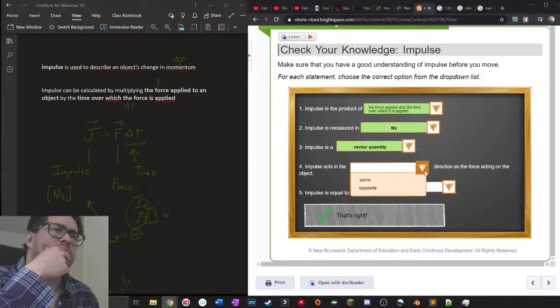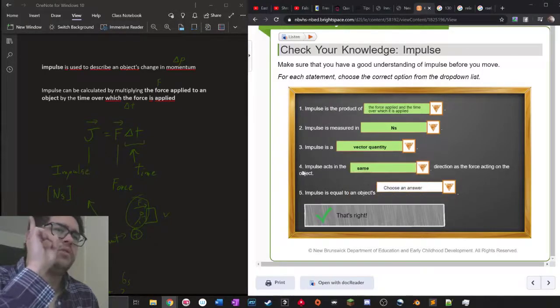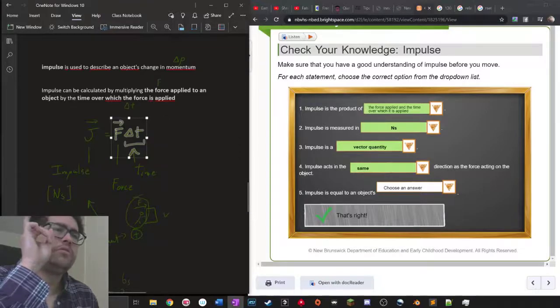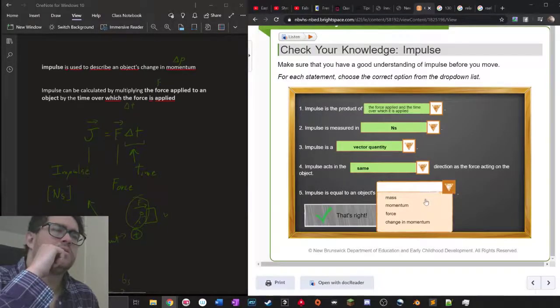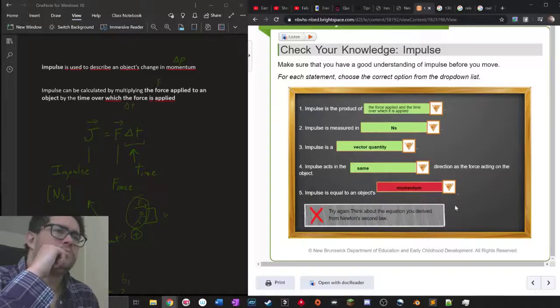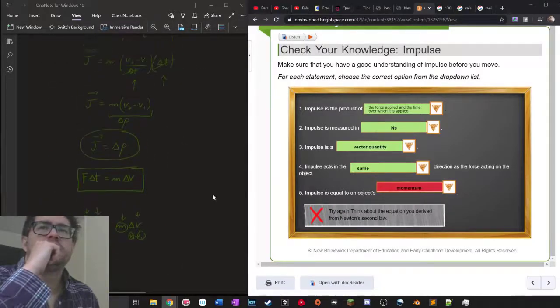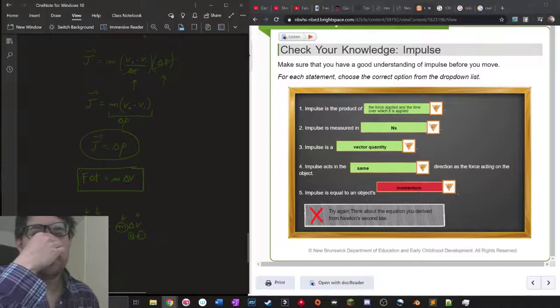Impulse acts in the object's same direction. There's no minus for this. Same direction. See that vector? Same direction as that vector. Impulse is equal to a change in momentum.